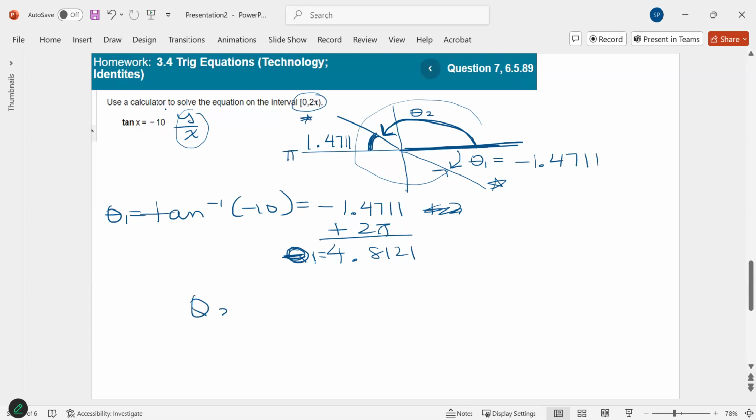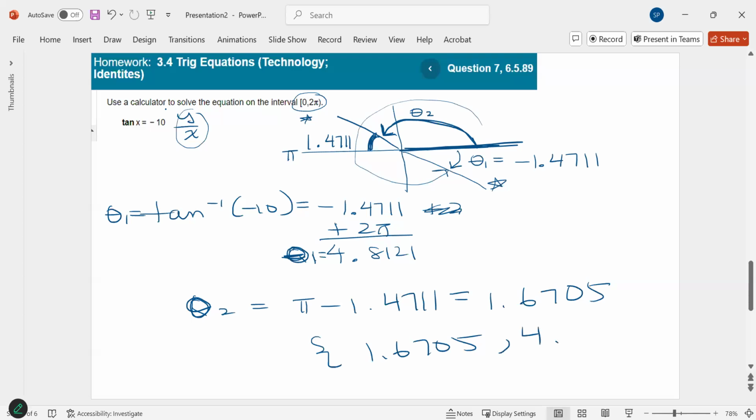So the second angle is pi minus 1.4711. And if we do that, that'll give us 1.6705. Okay, so your solution is 1.6705 and 4.8121.